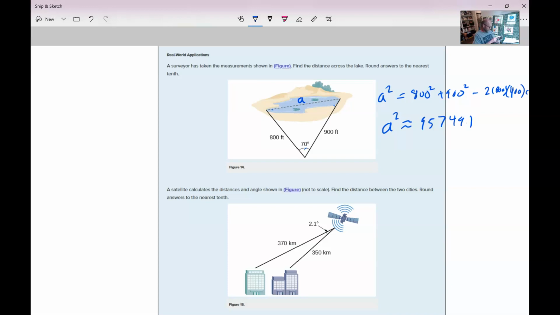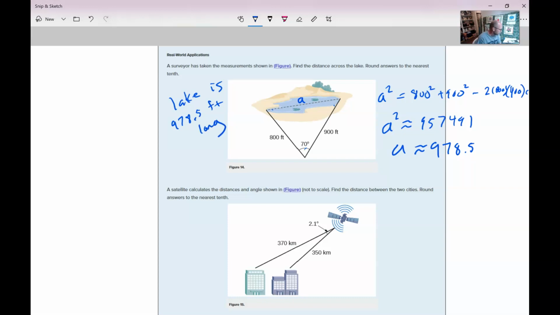And then we got to take the square root of that. And we get A is approximately equal to 978.5, which means that the lake is 978.5 feet long.